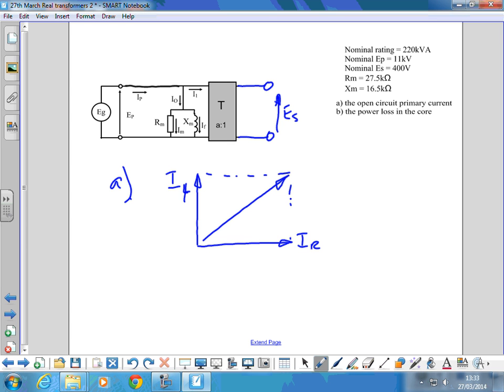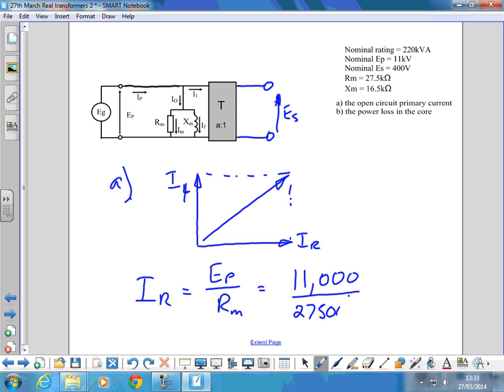So how can we find IR? It's EP over RM, 11,000 over 27,500 equals 0.4 amps.